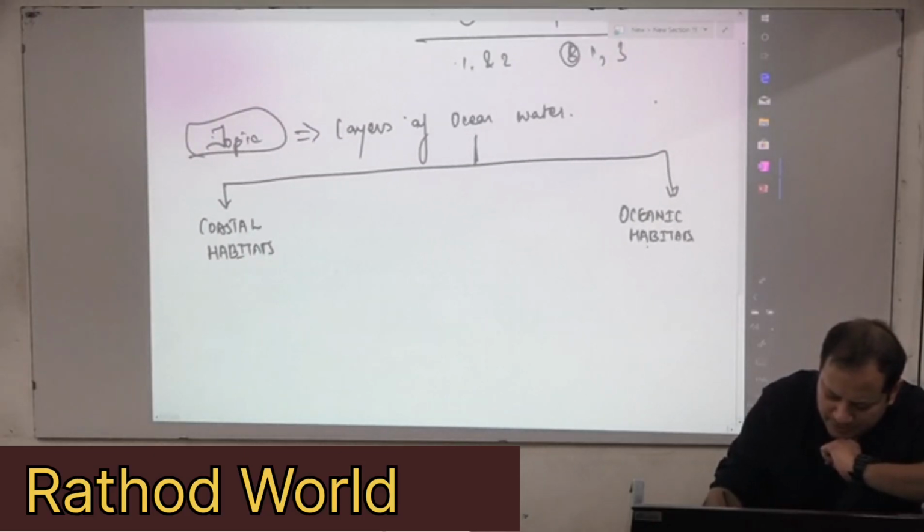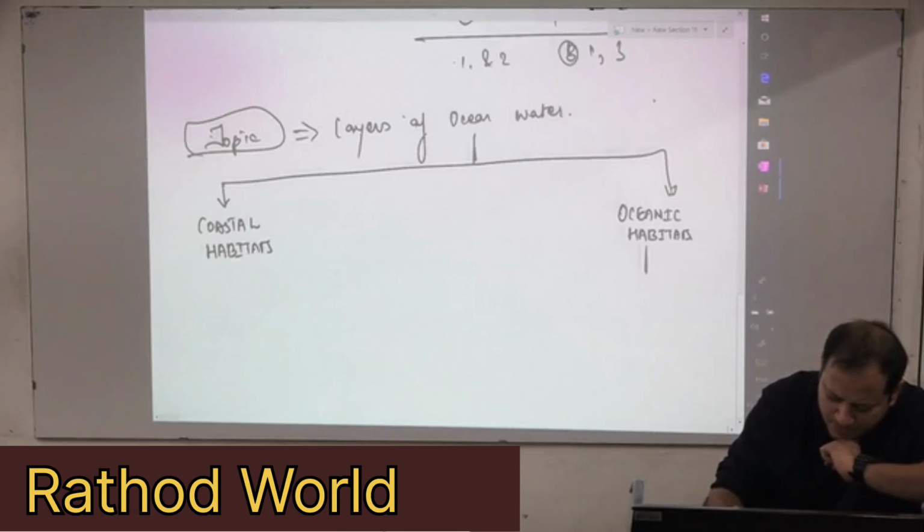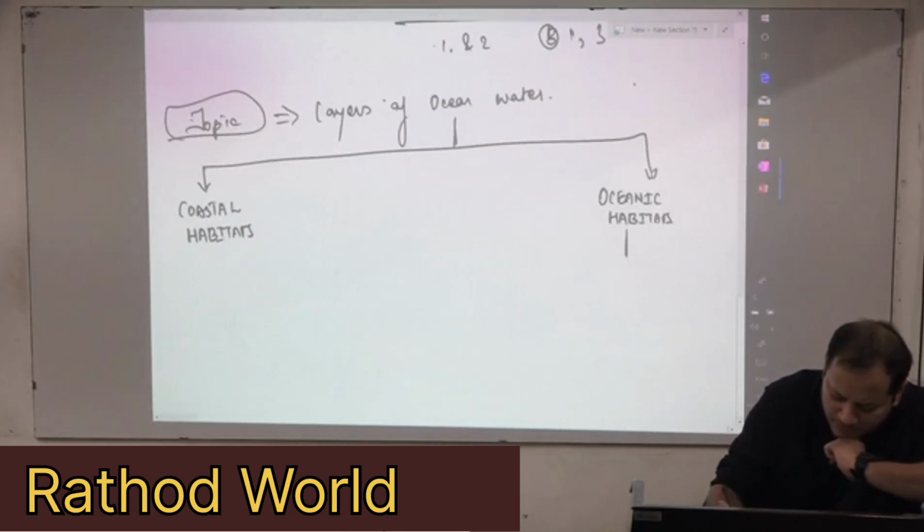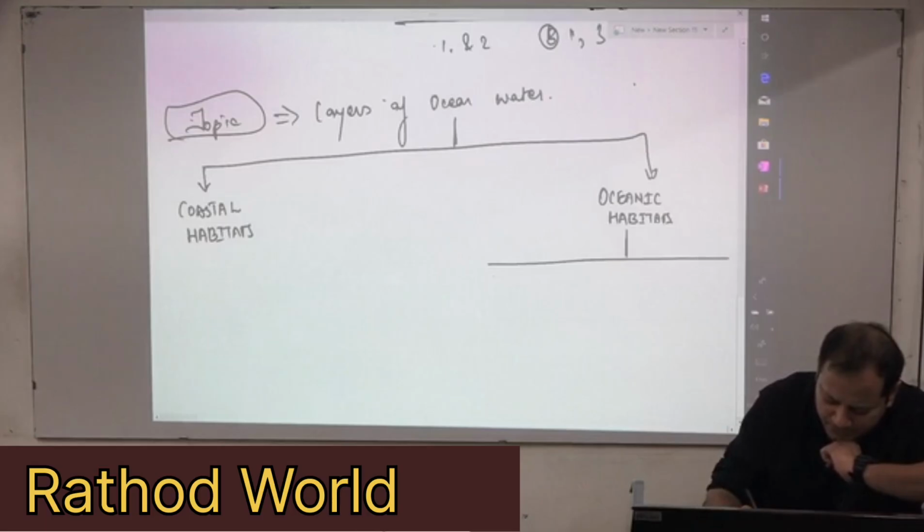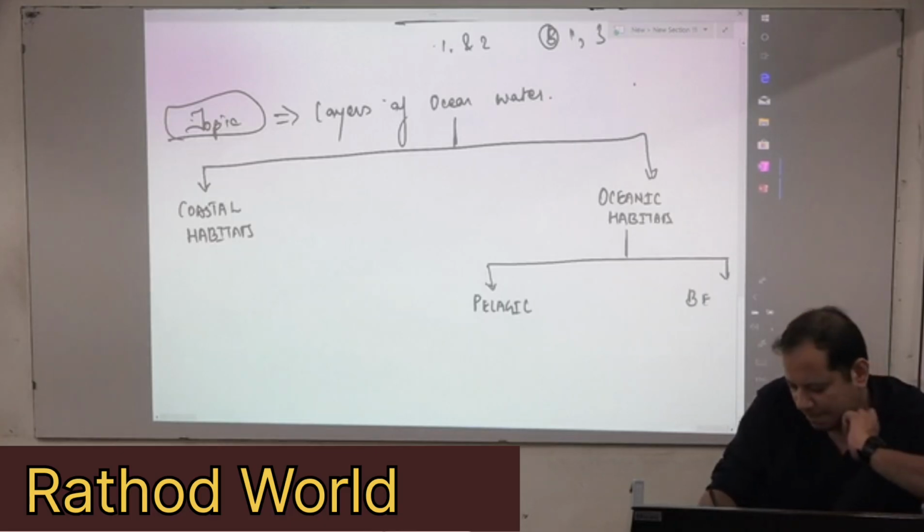Oceanic habitats are further divided into pelagic and benthic.